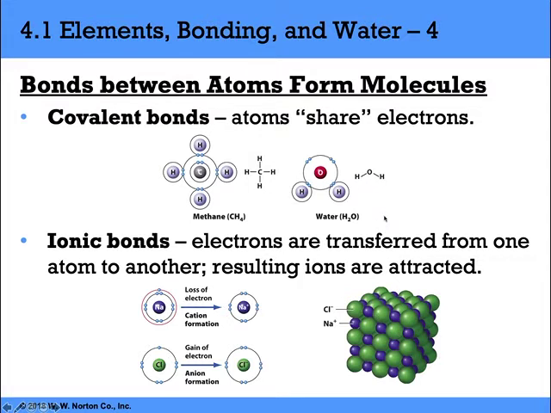And when you throw it into water, the oxygen in the water has a slight negative charge because the electrons in the compound spend more time around oxygen than they do around hydrogen. And the hydrogens have a slight positive charge. So what happens is that the water molecules insert themselves between the chlorides and the sodiums, and then these ions just sort of fall away from the crystal and are surrounded by water molecules, and that's called solvation.